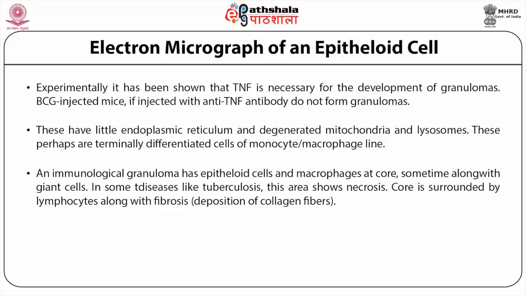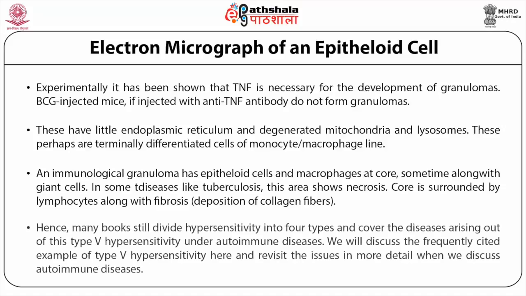In this case, the antibody mediating it is again against a self-antigen. Hence, many books still divide hypersensitivity into 4 types and cover the diseases arising out of type 5 hypersensitivity under autoimmune diseases. We will discuss the frequently cited examples of type 5 hypersensitivity here and revisit the issues in more detail when we discuss autoimmune diseases.